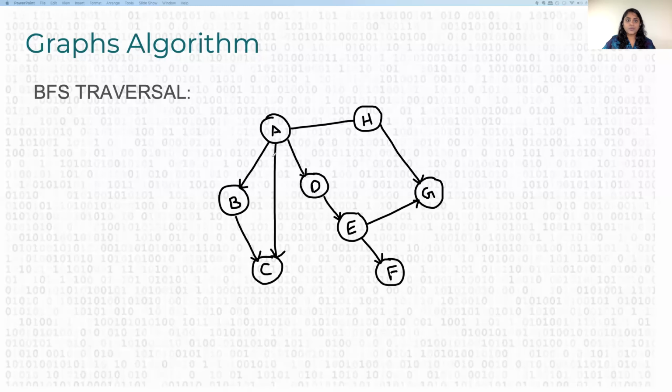So here is a breadth first traversal of this graph, starting with node A here.